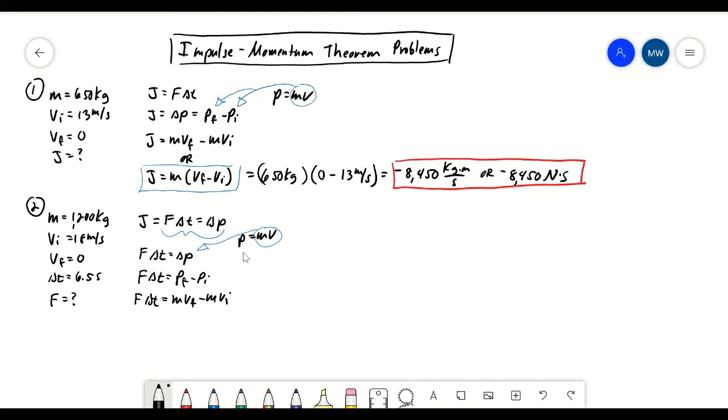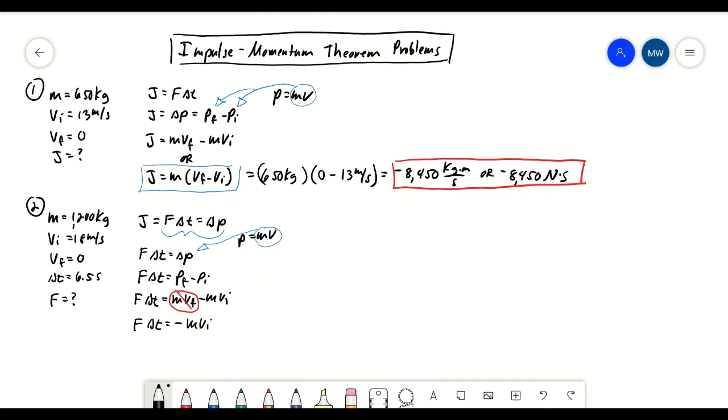But there's another trick that we can do. We can see from our listed information that our final velocity is 0. So it doesn't matter what our mass is. If we multiply it times 0, we get 0. That means that this term right here cancels. If I rewrite this, now I have F delta t equals minus mv initial.